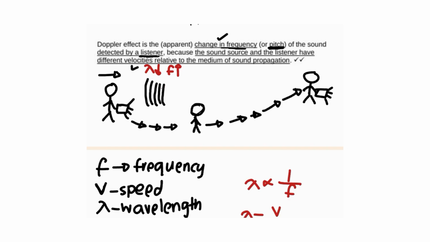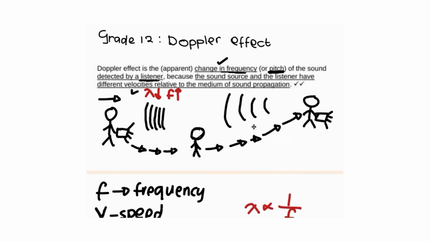And this is the reason when the source of sound is moving towards you, you hear an increased highness or increased pitch of the sound. This means frequency is increasing. But now, as your friend is moving away, rushing off to where they were heading, the wavelength is starting to get longer and longer. So in this case, our wavelength is longer, meaning the frequency is going to be lower.